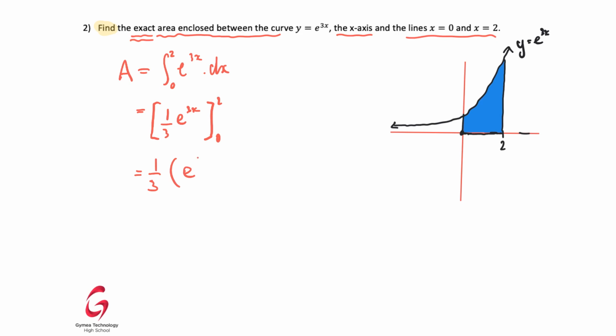So that's going to be 3 times 2 is 6, minus, same thing, e to the power of 3 times 0 is 0. So we've just about got our answer in exact units. We're going to do 1/3 of e to the power of 6 minus, well, e to the power of 0 is 1, units squared.